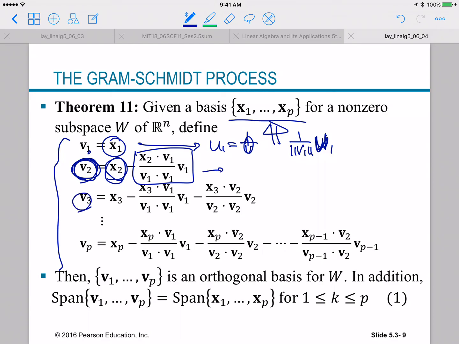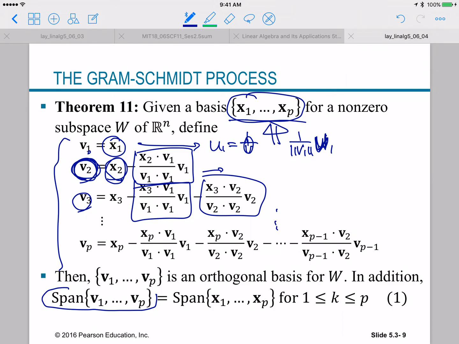For the third one, we subtract the orthogonal projection onto the previous orthogonal basis vectors, and so on. Finally, the span of the initial set of basis vectors will be the same as the span of our orthogonal versions of the basis vectors.